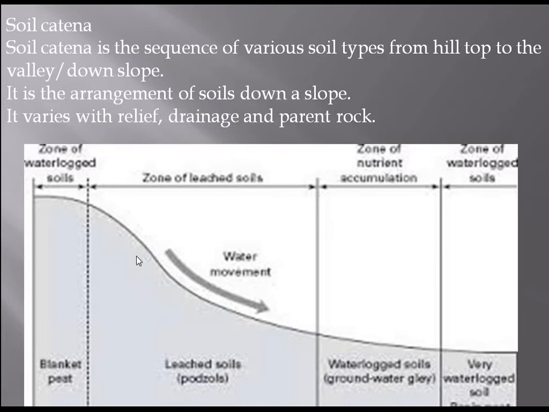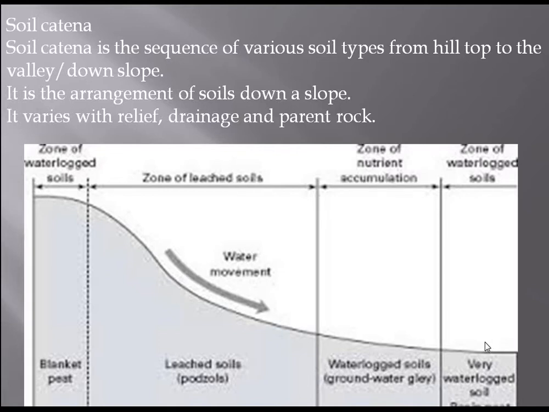Because why? Water comes from up here and moves down to the valley, and the valley becomes the catchment area. That's why we have the very waterlogged soils. And you'll never find a swamp on top of the mountain or on top of the hill. Sorry, it's down the slope.